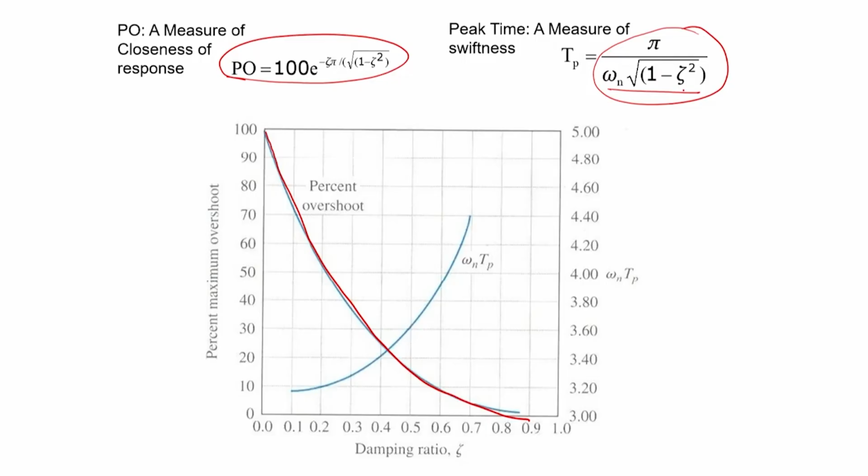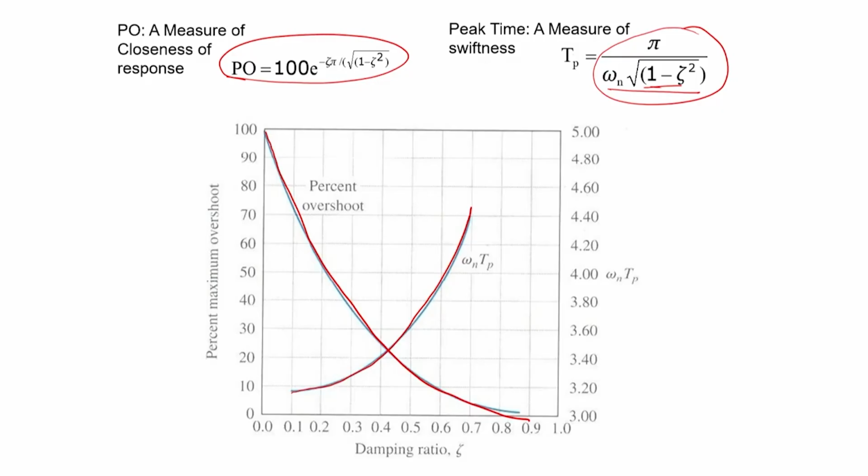So, in that case, if the damping ratio increases, then this part decreases. If this part decreases, peak time increases. So, if the damping ratio increases, you would see this is also going to go up like this. So, that means increase of damping is good for percentage overshoot and bad for peak time.